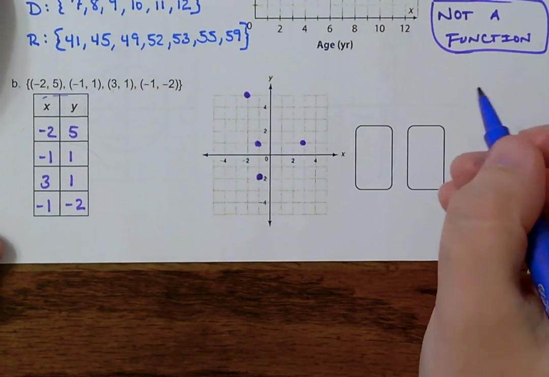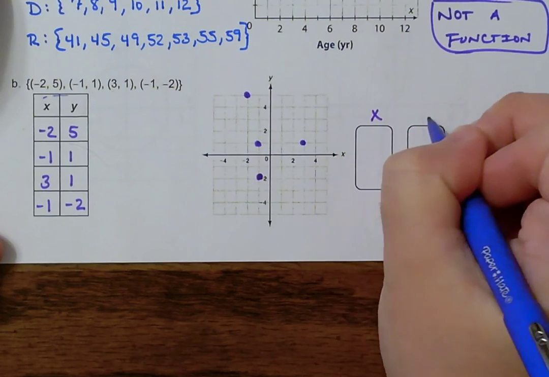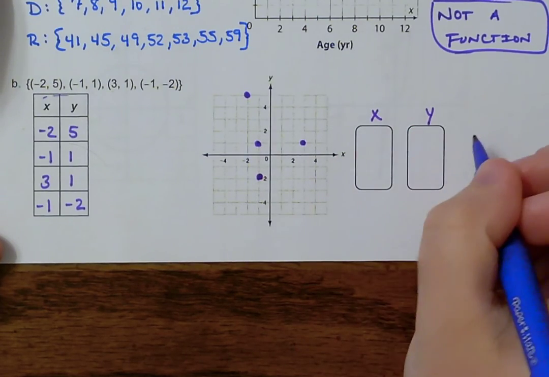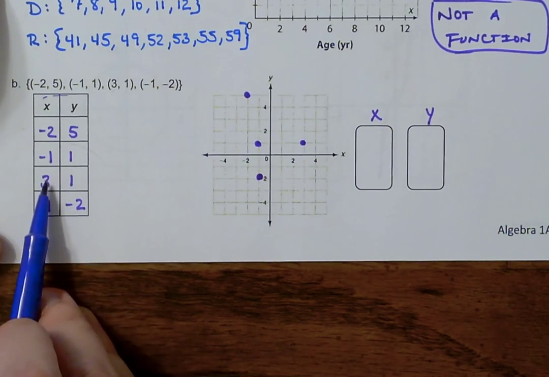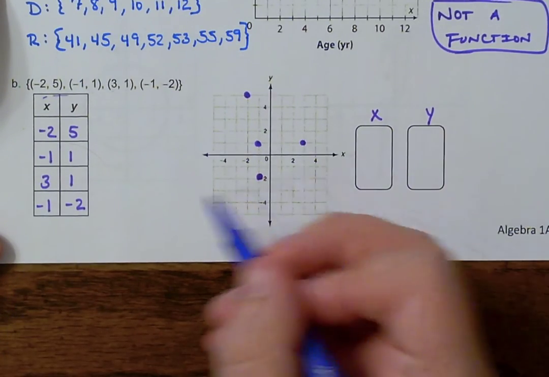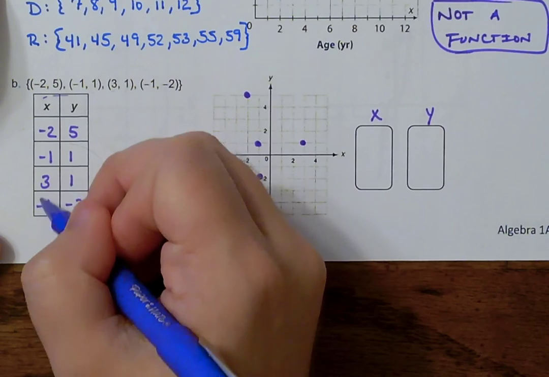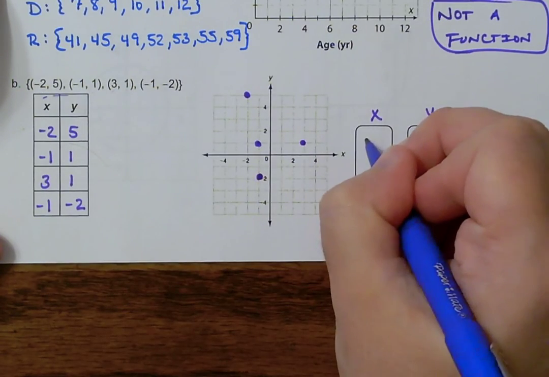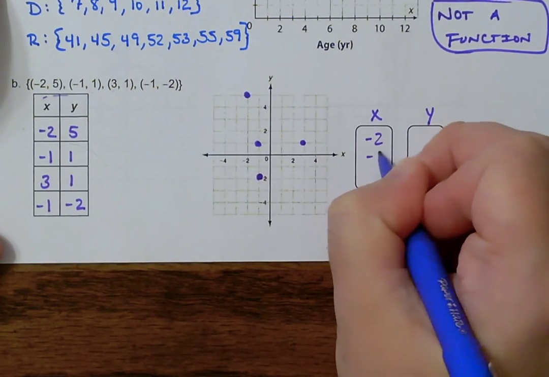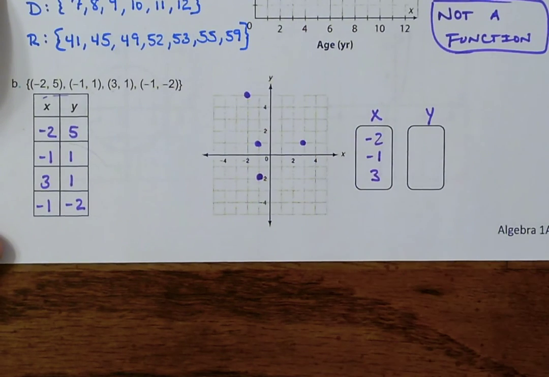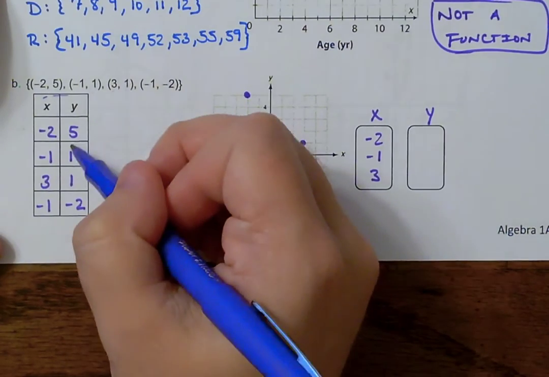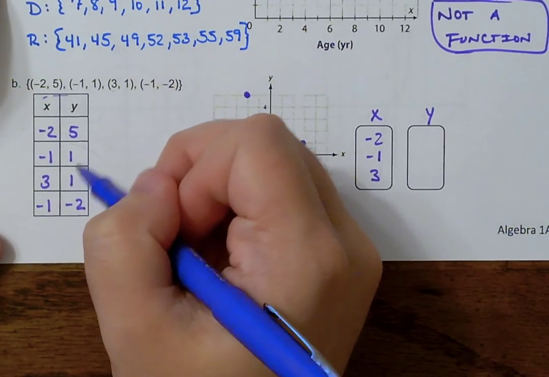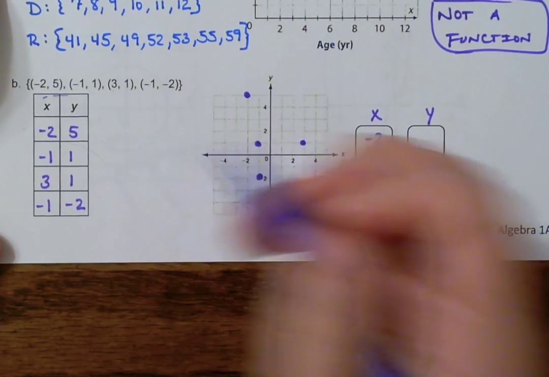And then if I go through and set up my mapping diagram, again, x on the left, y on the right. So if we go through and list our numbers, I have -2, -1, 3, -1. Again, I have -1 listed twice, so I'm going to write it once. So -2, -1, and then 3. And then for the right, for my y's, I have 5, 1, 1, -2. 1 is listed twice, so I'm going to have 5, 1, -2.